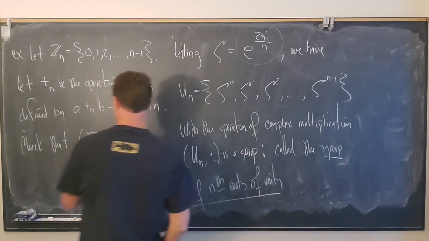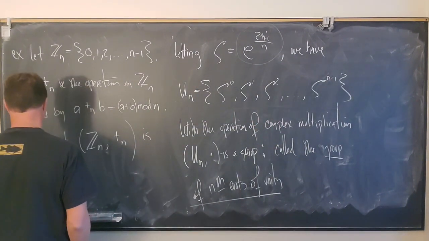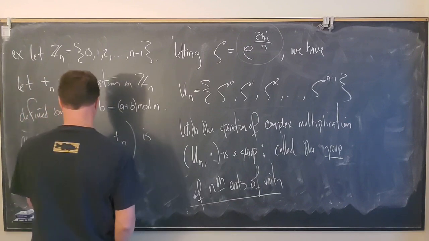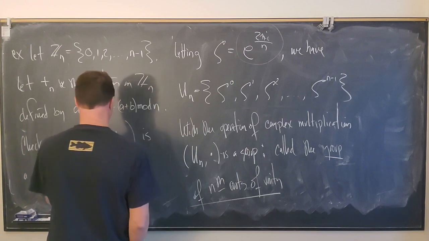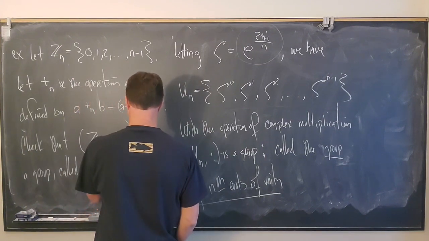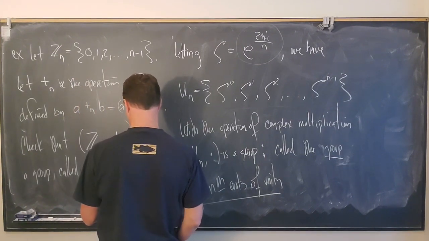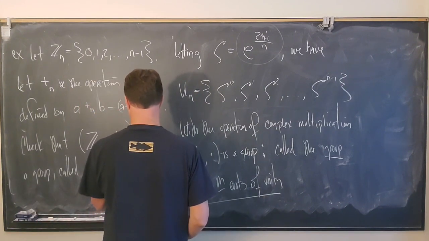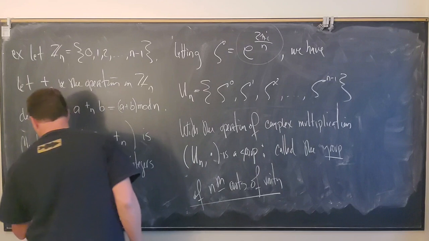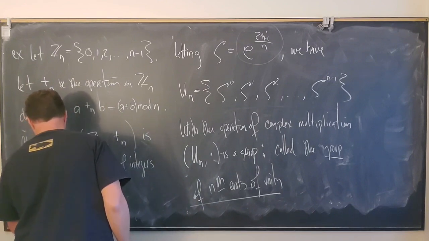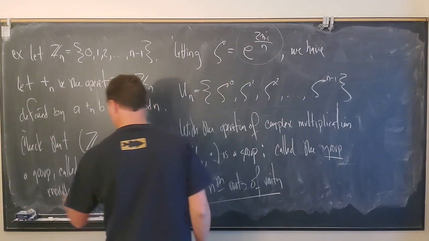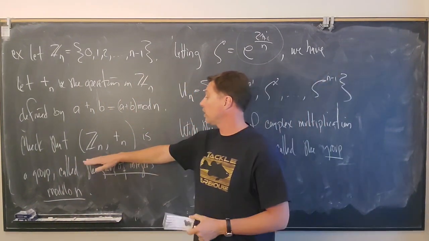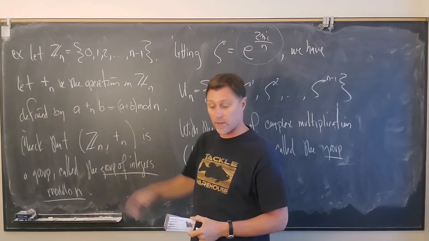This is a group called the group of integers modulo n. I'll leave that to you. Go ahead and go through the steps here to verify that this actually is a group.